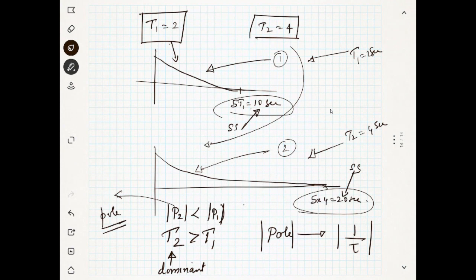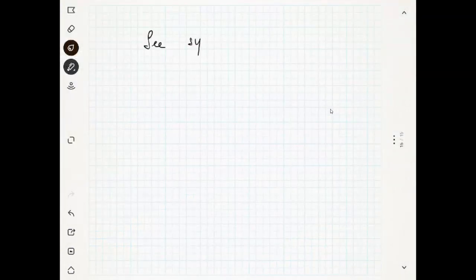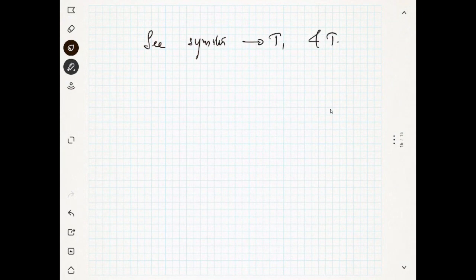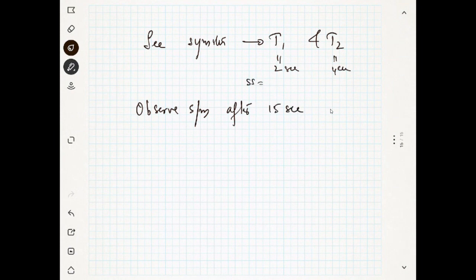Let us take an example. Your system contains both T1 and T2, where T1 is 2 seconds and T2 is 4 seconds. Now you observe the system after 15 seconds. You know the steady state for this is 10 seconds, and this one is 20 seconds.